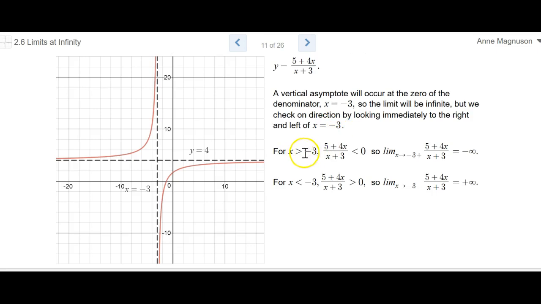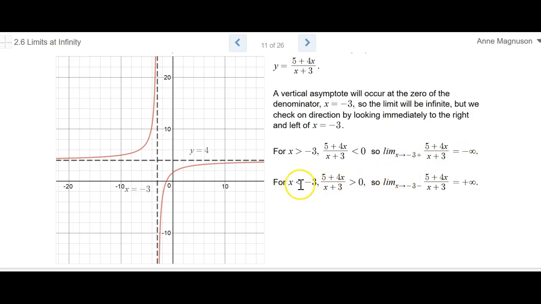So for x values greater than minus 3, if I, let's say, put minus 2 into this function, I would get a negative numerator and a positive denominator, which gives me negative. So I know that on the right side of that asymptote, it's going to minus infinity.